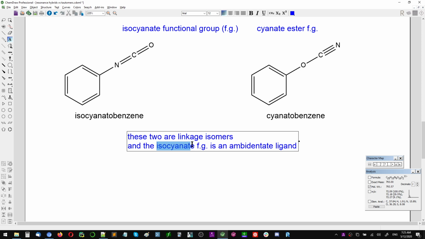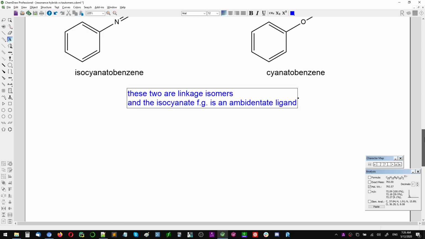You can say the cyanate ester functional group is, or any of them. These are not tautomers though, because most likely they will not rapidly interconvert in solution in this way.